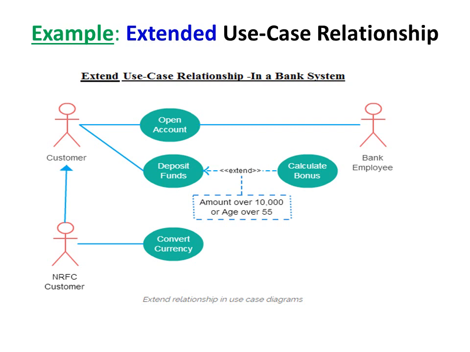When the customer deposits funds, the bonus is going to be calculated if the amount is over 10,000 or the age is over 55. In other words, when the customer deposits funds, it's optional to calculate a bonus, which means the calculate bonus use case could be executed or not.